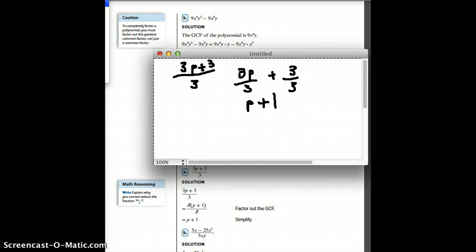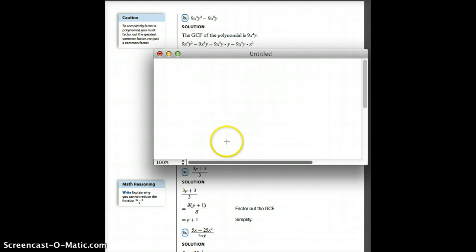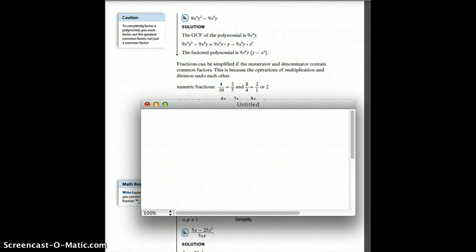Okay, let's look at the next one. We have 5x minus 25x squared divided by 5xy. Same thing. Each of these gets divided by this. 5 divided by 5 is 1.